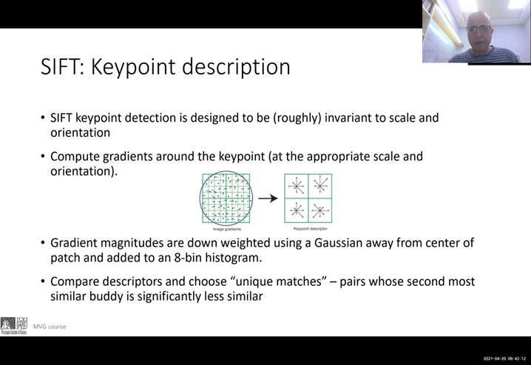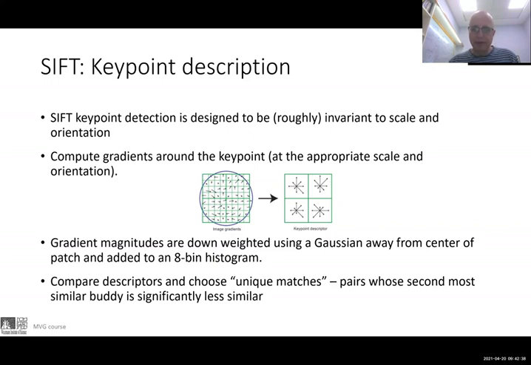And now you want to match this vector of 128 numbers across images. So you want to find features that are similar. Okay. That's the basic idea with SIFT. And when you match, you do the following simple thing.